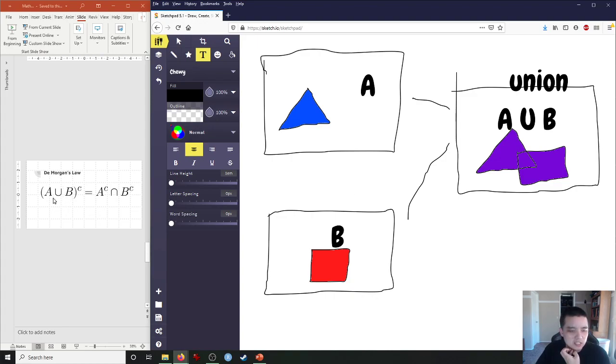Now, on the left-hand side, the notation says we have the union of A and B. And then the complement of that. So now, furthermore, from this purple shape, what do you think the complement of that would be?